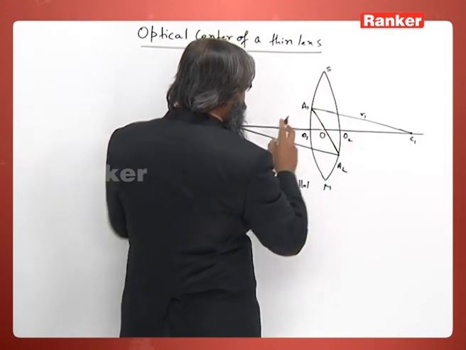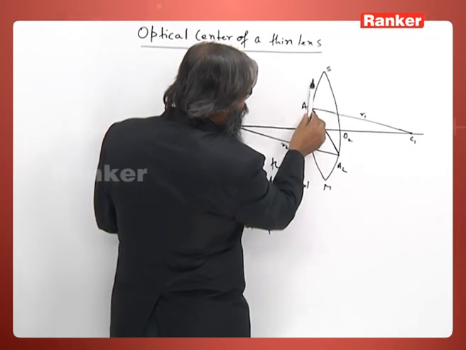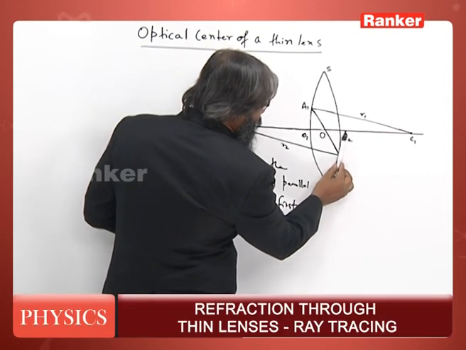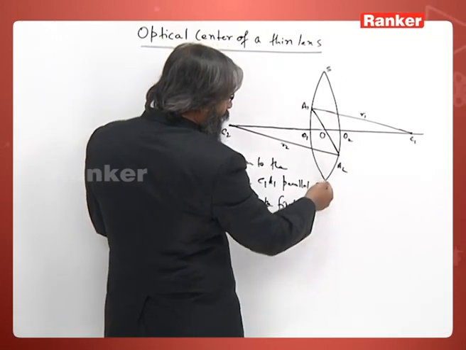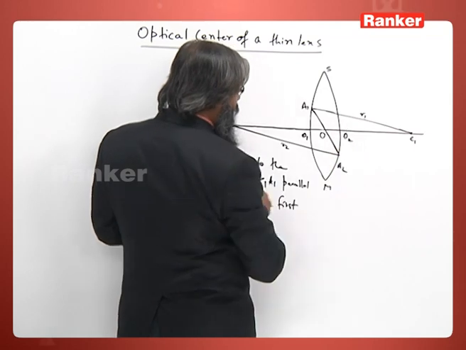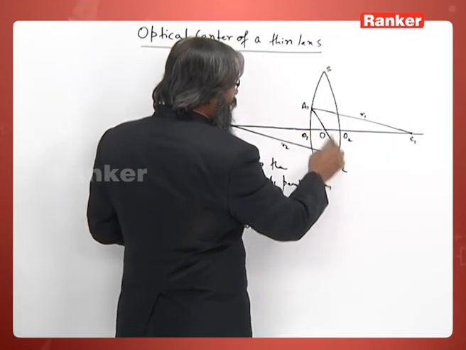So, the tangent plane here will be normal to this line. For A2, the tangent plane is here. This line is on this surface, so from the center of curvature, on the tangent plane it is 90 degrees. Now, these normals on the tangent planes are parallel.